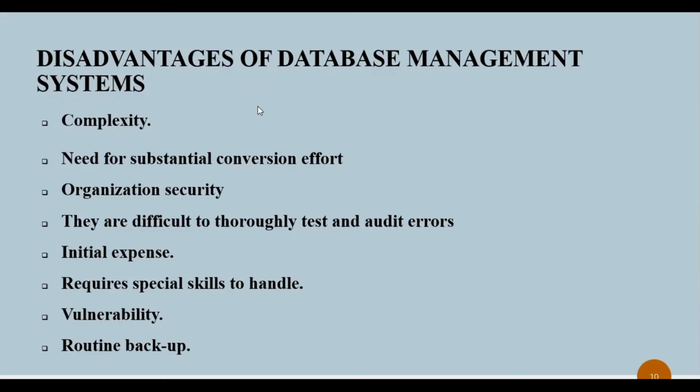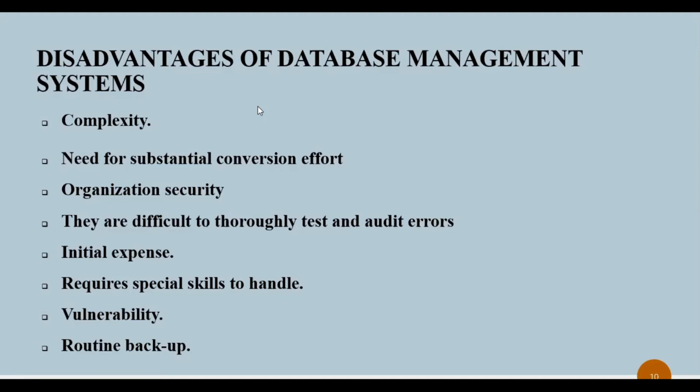But there are ways you can avoid these things. How? You can keep on backing up your data on a different hard disk. Backing up data is a way you can avoid these vulnerabilities from affecting you. Then we have what we call routine backups. Routine backups means you should always be backing up your data.